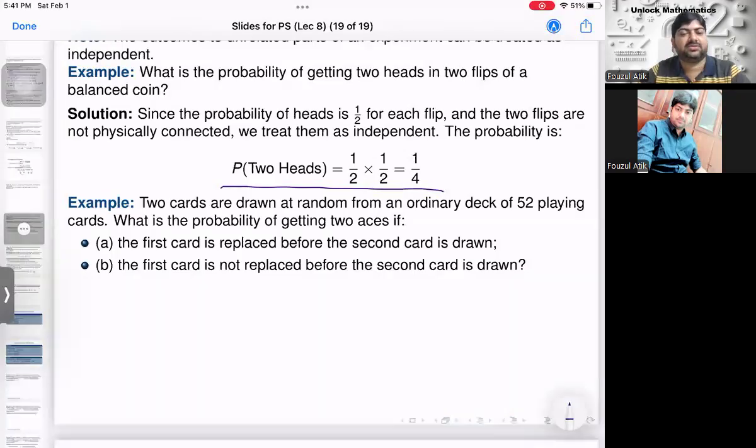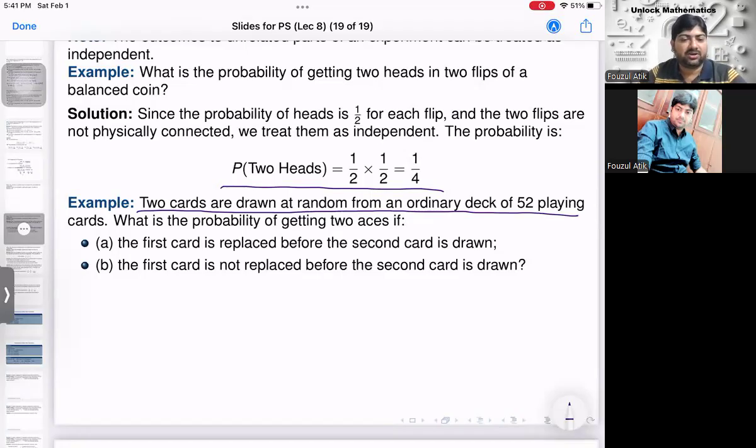Now look at this example. Two cards are drawn at random from an ordinary deck of 52 playing cards. What is the probability of getting two aces if the first card is replaced before the second card is drawn? That means you have a standard deck of 52 cards. You are taking one.